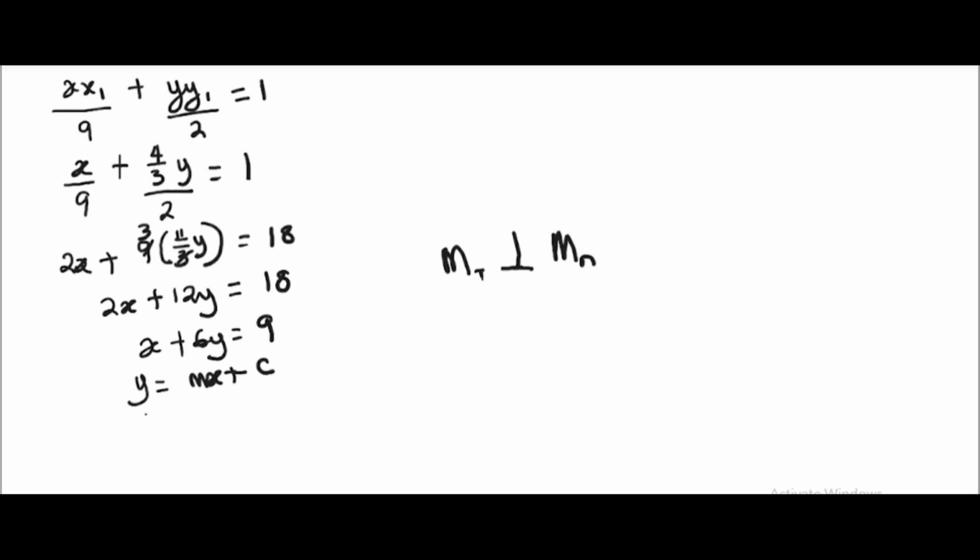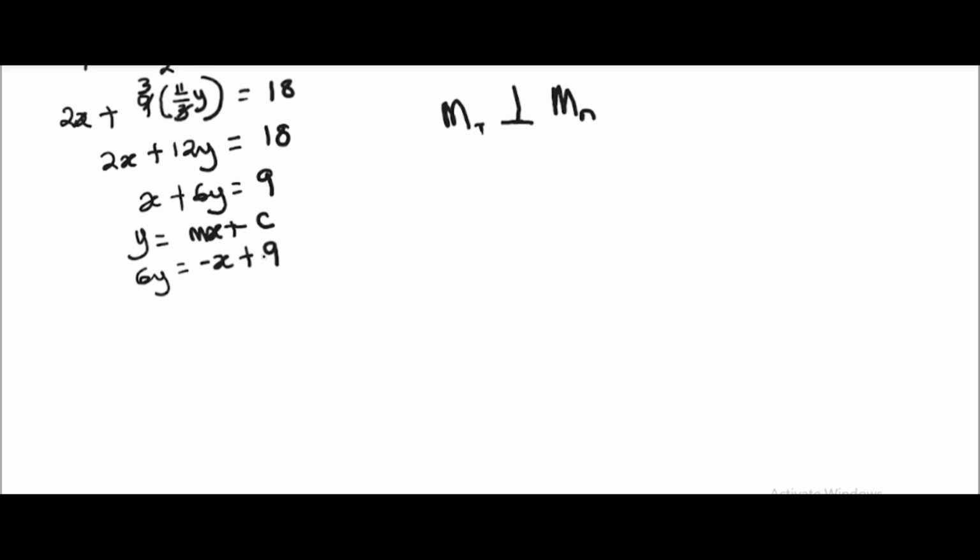That would be, I will have 6y to be equal to minus x plus 9, right? Okay, so I'm going to divide through by 6 so that the coefficient of y will be 1. So doing that, we will have y to be equal to minus x over 6 plus 9 over 6.